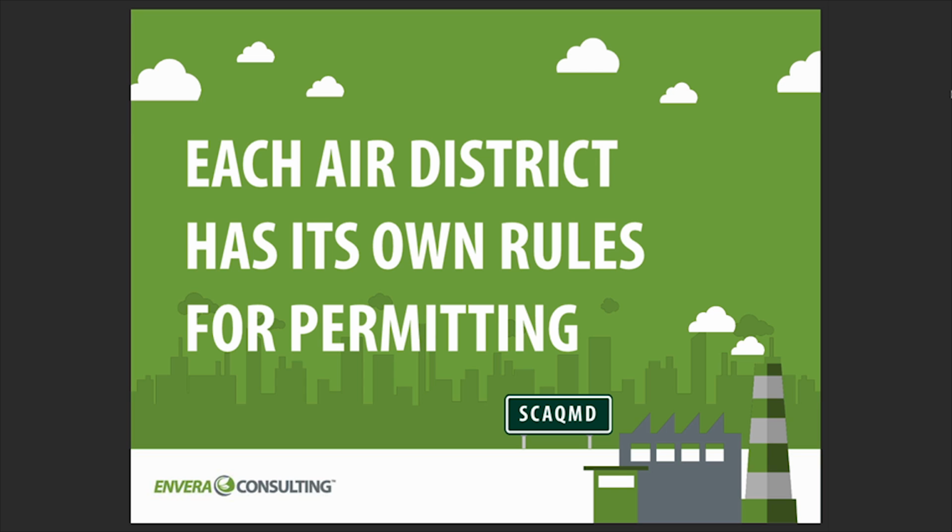In other words, the reason why the AQMD's regulations and the air permitting rules here are so stringent is simply because of the nature of the air quality that's here in Southern California. And more specifically, Southern California's air does not meet certain national ambient air quality standards.